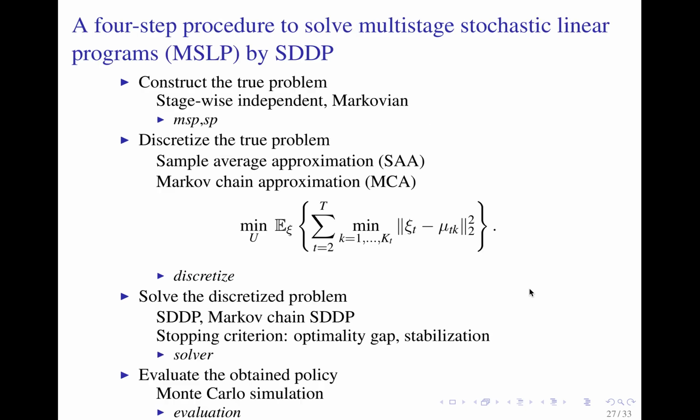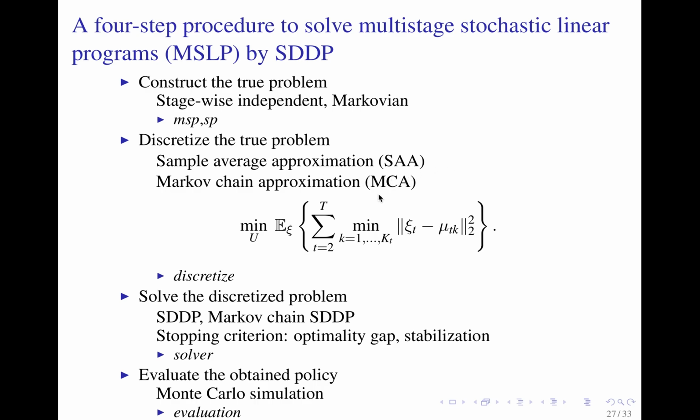Okay? So here is the 4-step procedure to solve MSLP using the MSPPy package. So in the first step, we use the MSP and the SP modules to build our true problem. All right. Next, we discretize the true problem. If the data process is stage-wise independent, we can discretize it by sample average approximation.